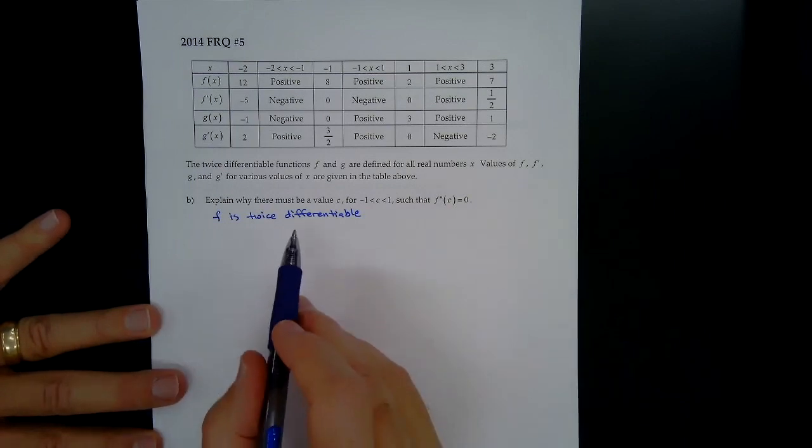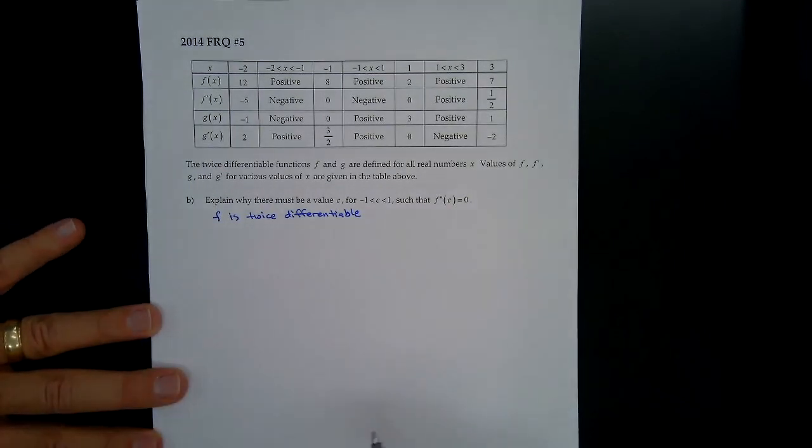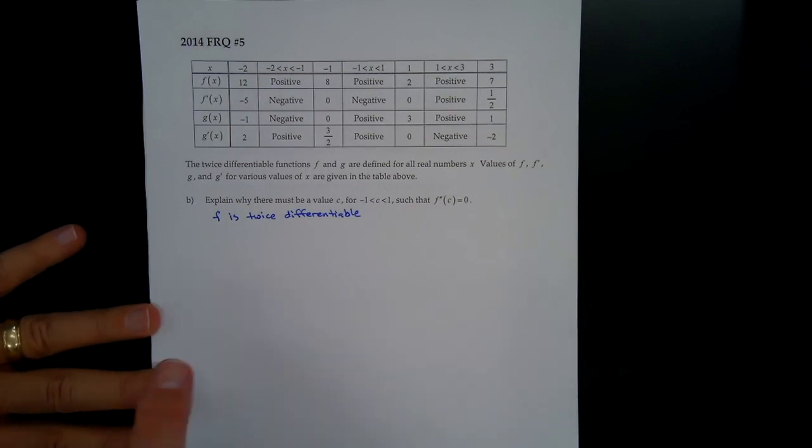If it's twice differentiable, differentiability, remember, implies continuous.